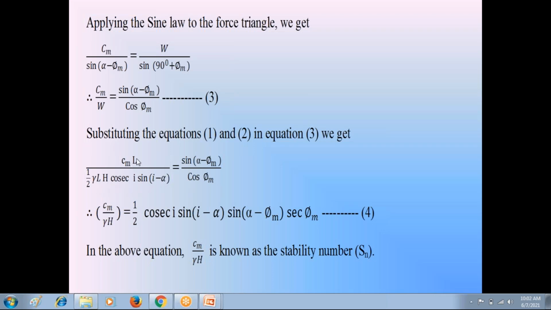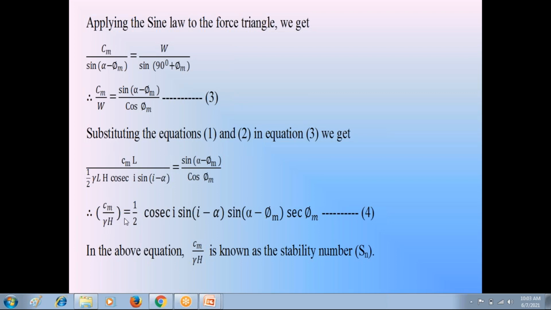Cancel this L on the left side and bring this half cosecant i sine i minus alpha to the right side. This equation changes to small cm, the mobilized cohesion per unit length, divided by gamma into H.